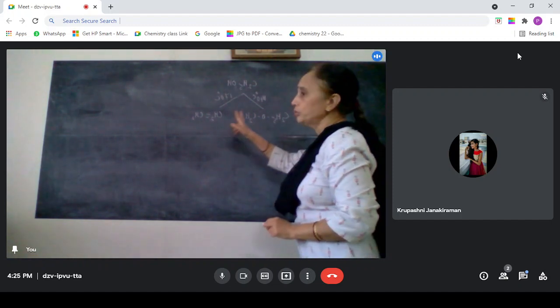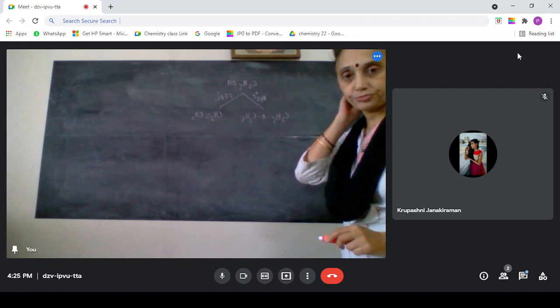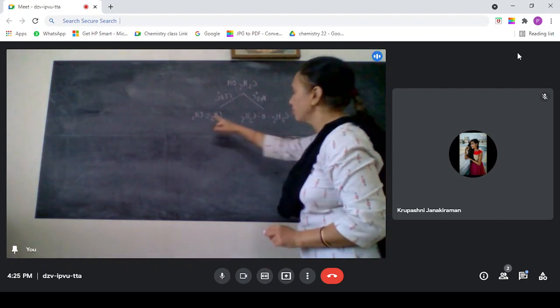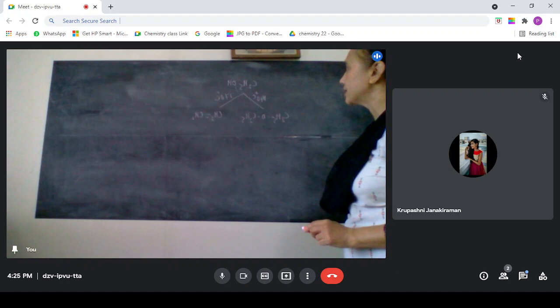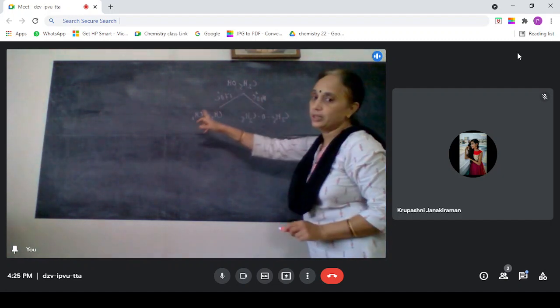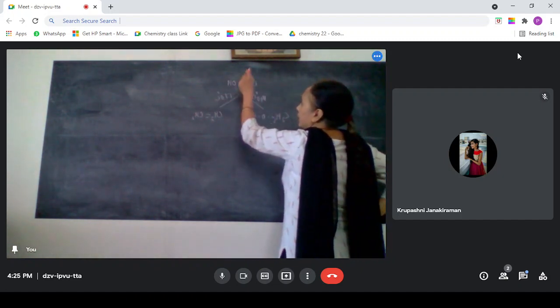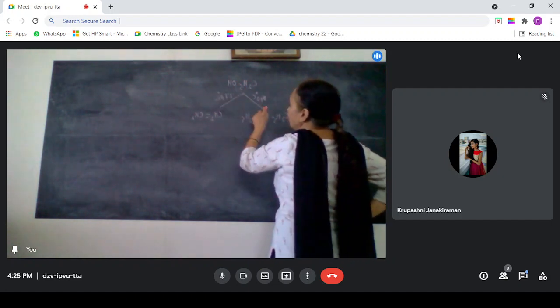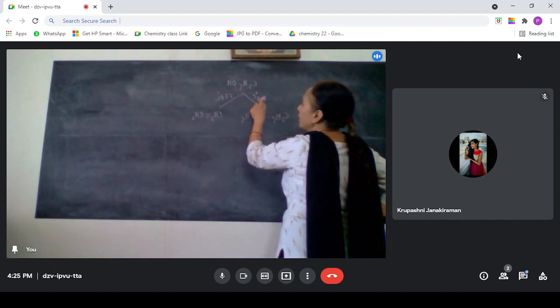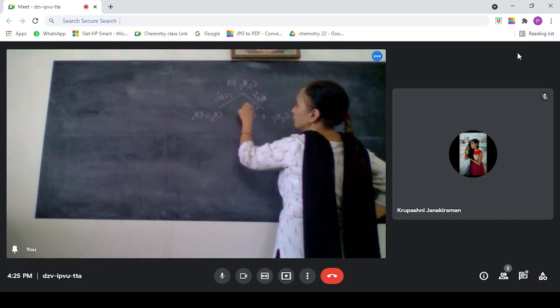You are going to study the mechanism of this reaction, how it is done. I will tell you. You take ethyl alcohol, heat it to 140 degrees centigrade. 140 means 273 plus 140, 413 Kelvin.